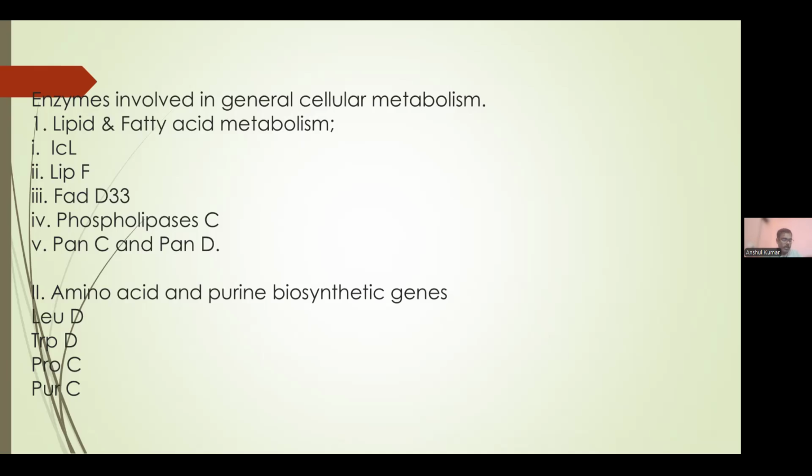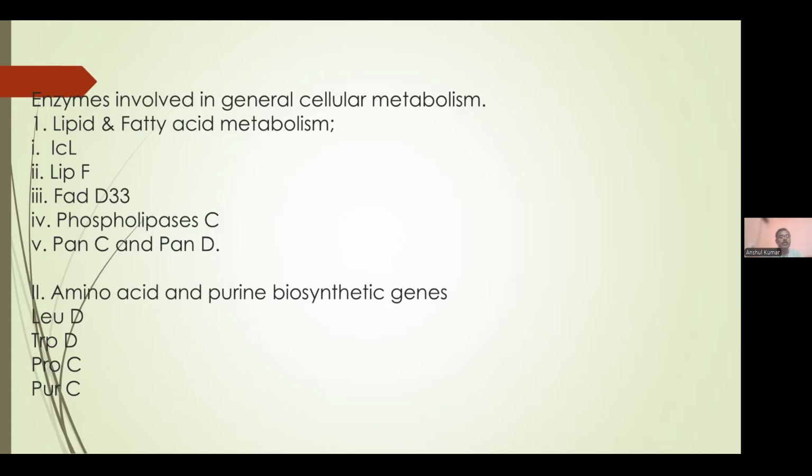Then FADD33, synthesized by RV1345. Then comes phospholipases C, synthesized by RV2351C, RV2350C, RV2349C, RV1755C, then PLCA, PLCB, PLCC, and PLCD. Then comes the PANC and PAND, which are synthesized by RV3602C, RV3601C, and PANB by gene.